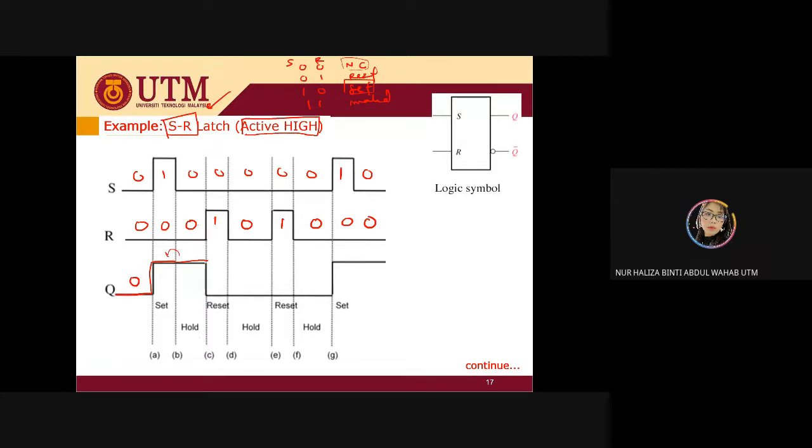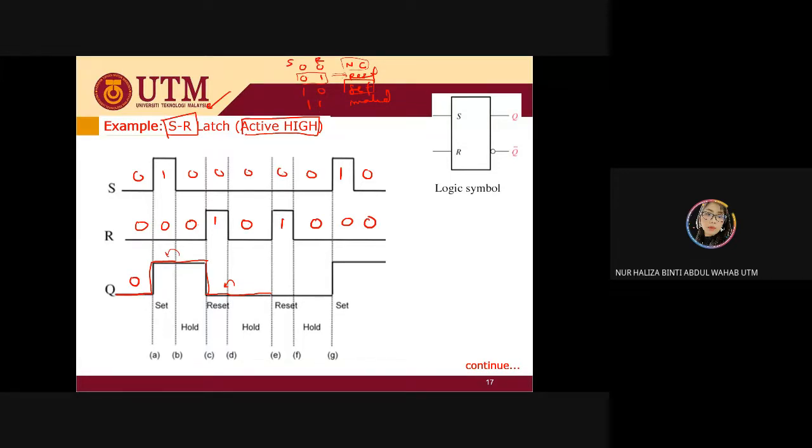And the next condition will be 0 and 1. 0 and 1 is going to be reset. So you're going to reset. And next is 0, 0, which is no change. It's going to follow the previous output. Then it is no change. And 0, 1 here, again, it is reset.